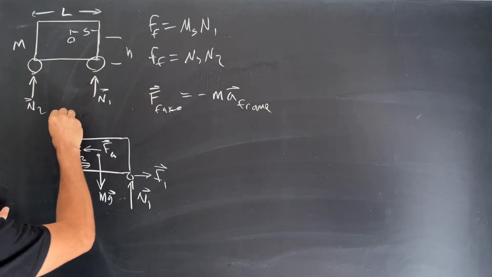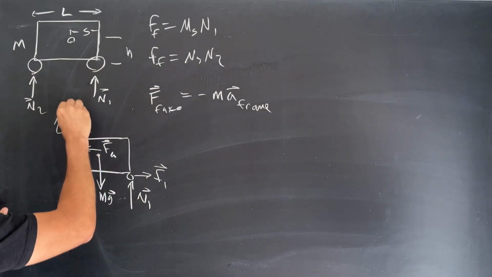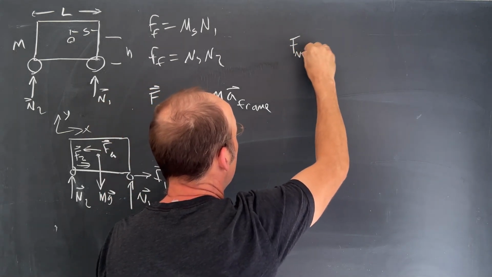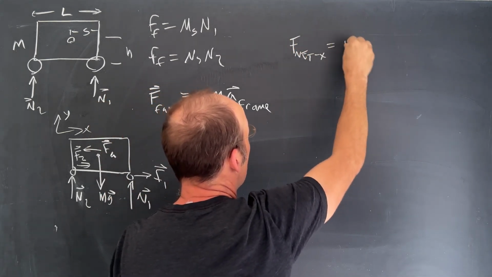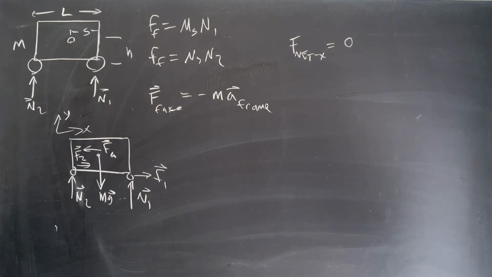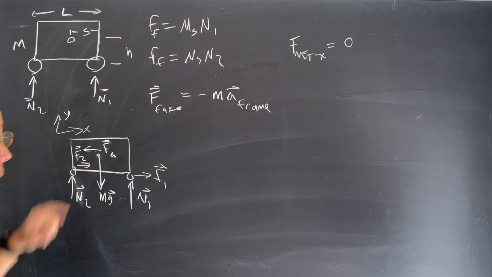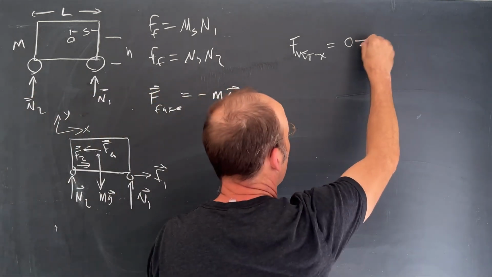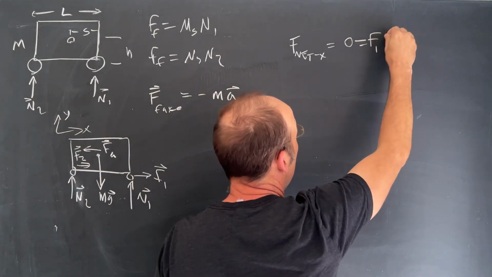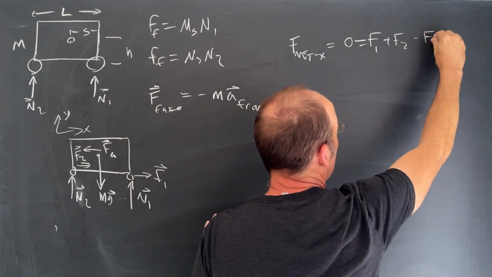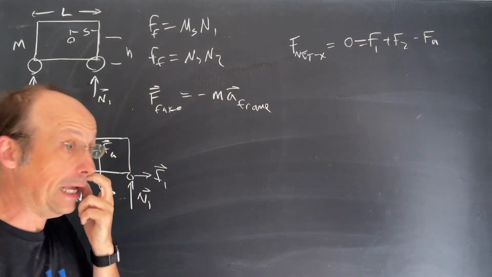So here's my x and my y direction. Now I can say F net in the x direction is going to be equal to 0, because I'm in the reference frame of the car. That means I have this friction force plus that friction force minus the fake force. So it's F1 plus F2 minus FA, and those are scalars because I'm in the x direction.